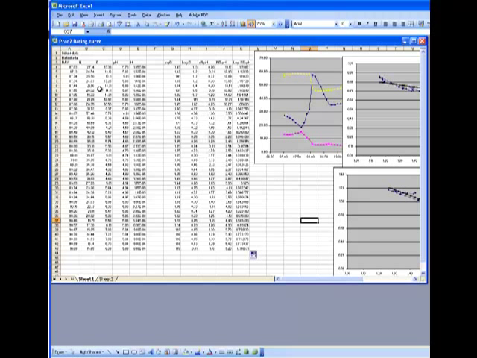Again, with these we want to plot the log catchment conductivity against discharge, and we want to do that for the rising limb and for the falling limb. So for the rising limb, we're going down to row 14, applying that against the catchment related conductivity.